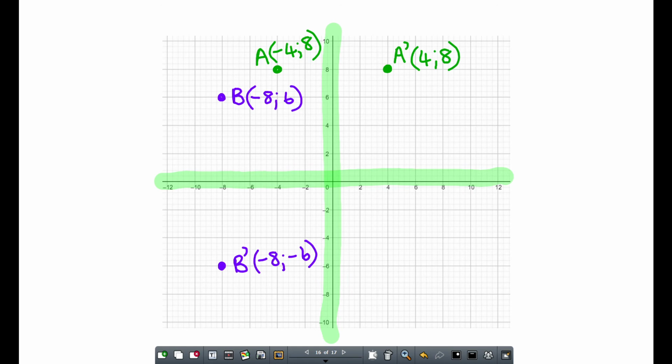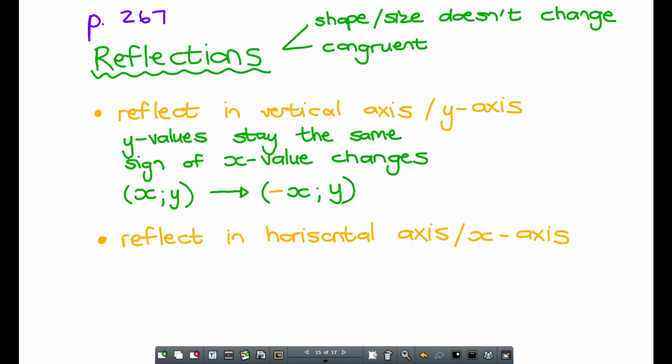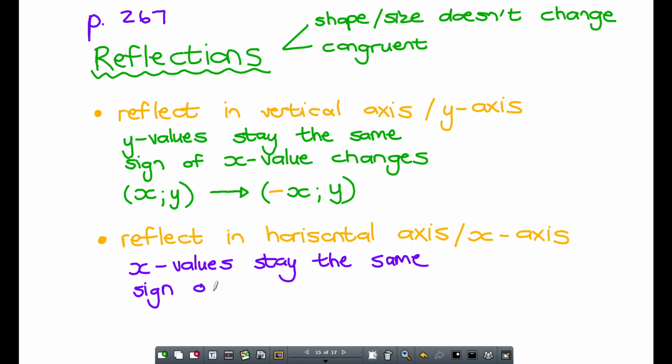The axis in which you reflect, the values will stay the same. So the x values stay the same, and the sign of the y value will change.